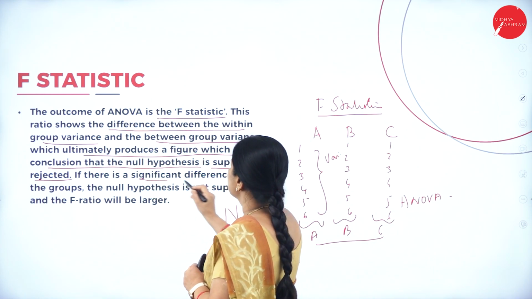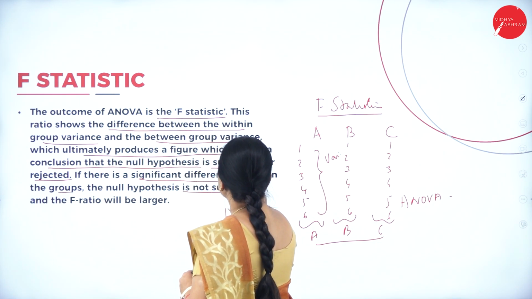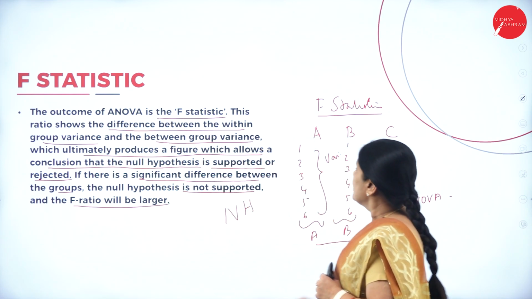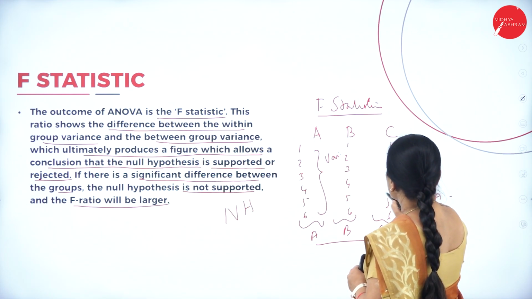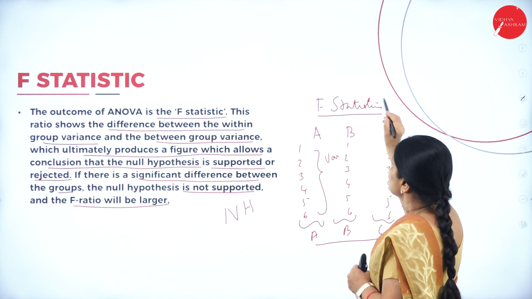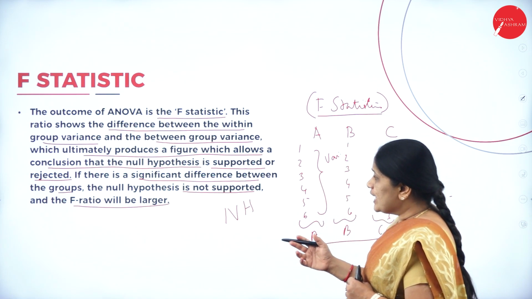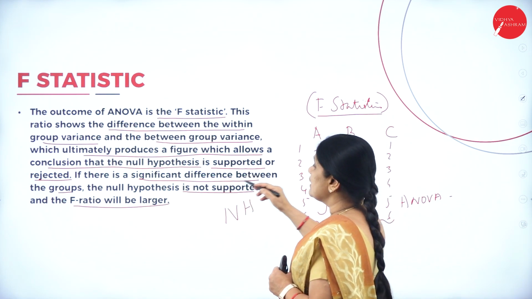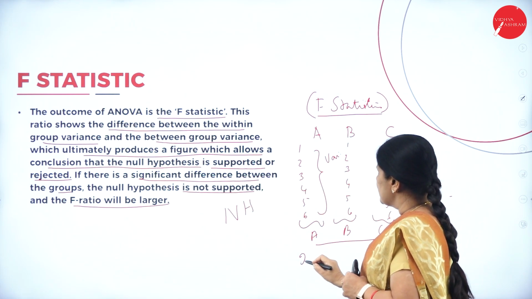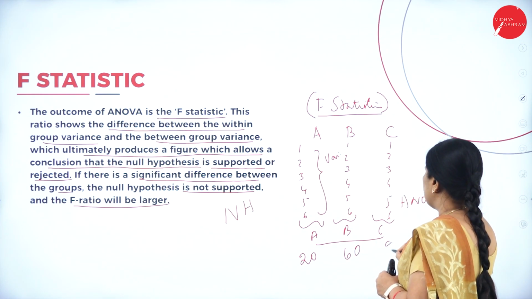So if there is a significant difference between the groups, the null hypothesis is not supported and the F ratio will be larger. So whatever the statistics we are having here, whatever the variance we get, we call it the F statistic. Now, if there is a significant difference between the groups, suppose the mean of group A is 20, the mean of group B is 60, the mean of group C is 90.